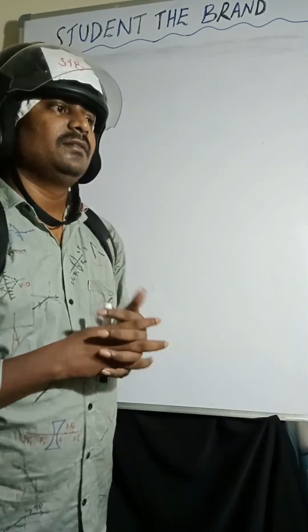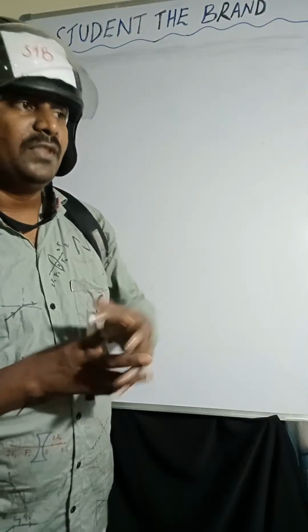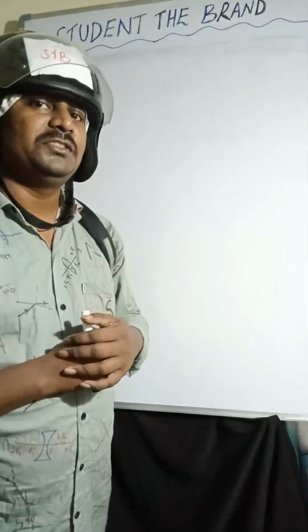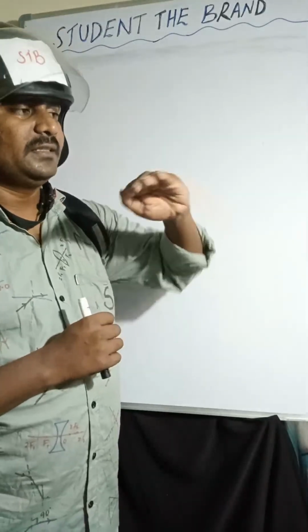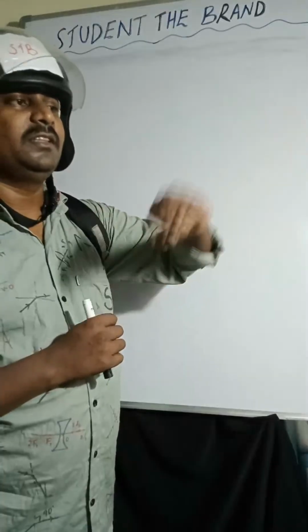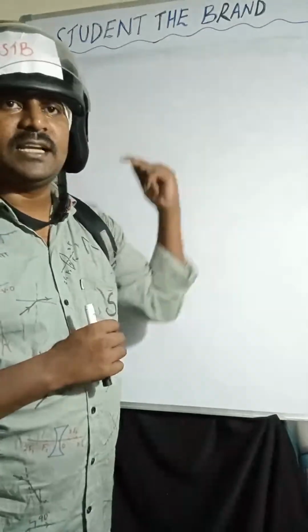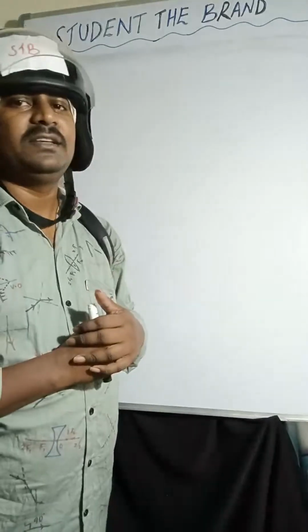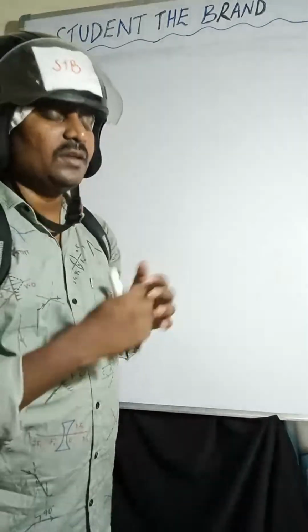Here, if the body moves along a straight line, it is called one dimensional. If the body moves making some angle with the x-axis and y-axis, we will say two-dimensional motion with constant acceleration.